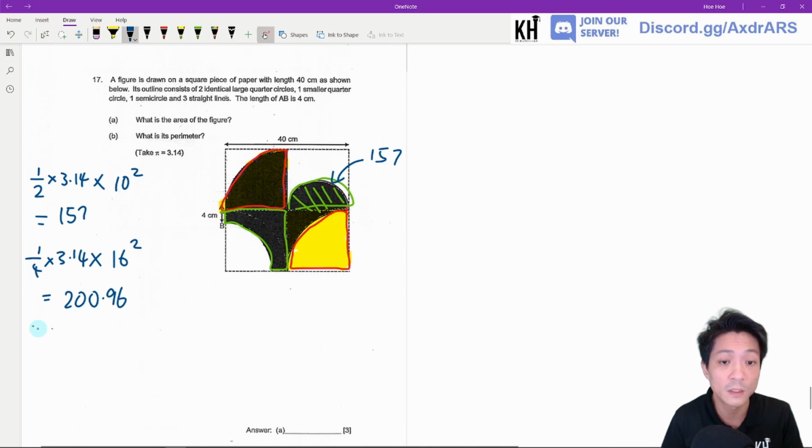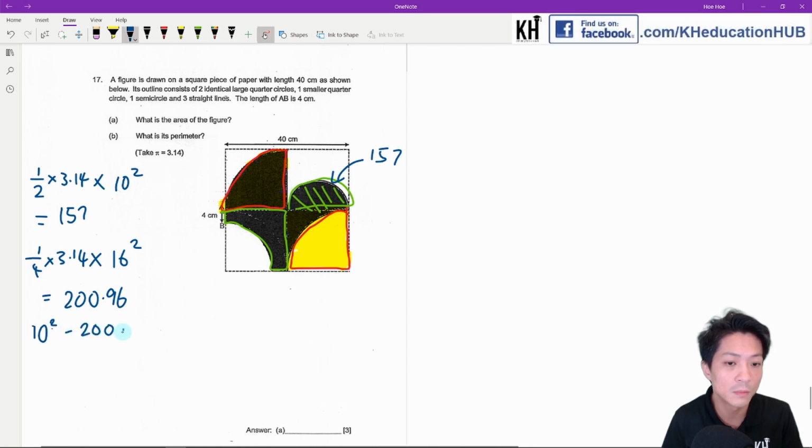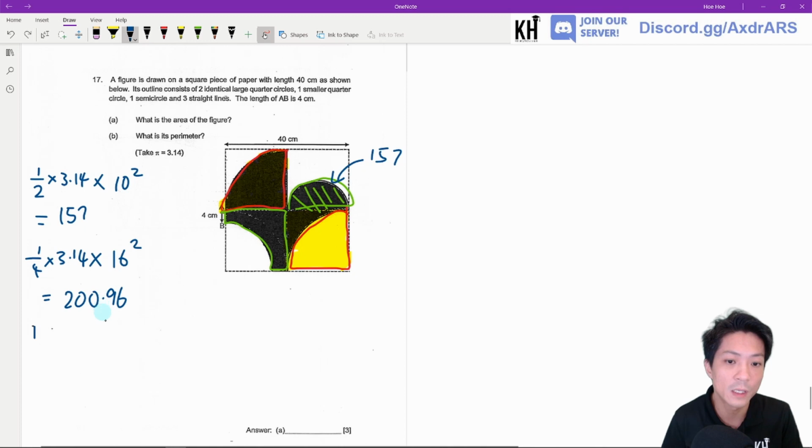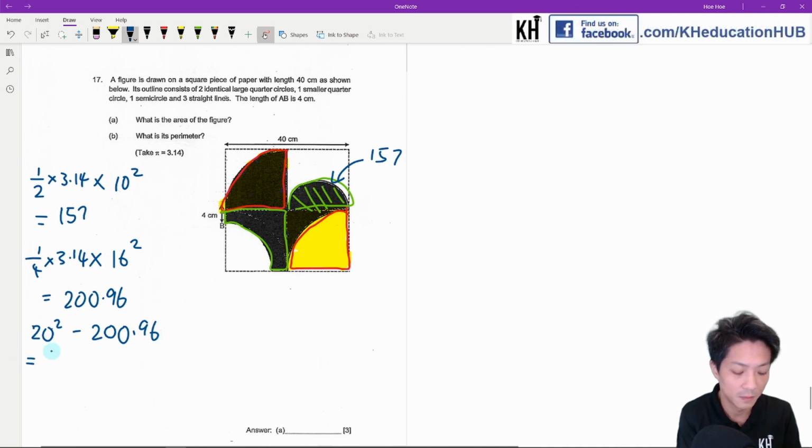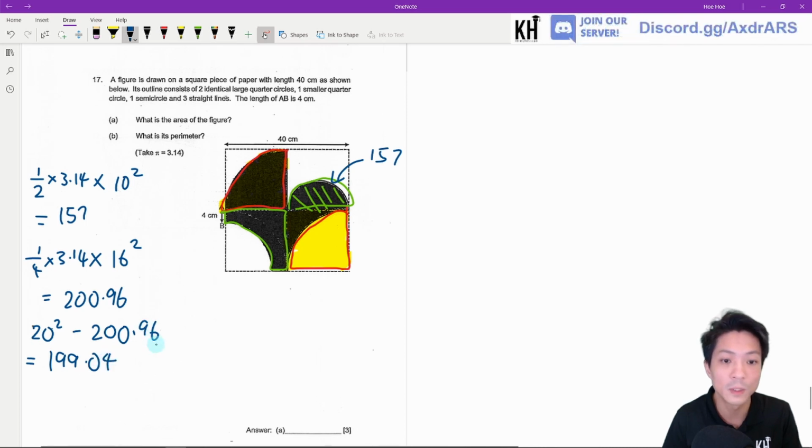Okay, then after that I need to use 10 square minus 200. Wait, it's not 10 square, it is 20 square. 200.96. Okay, 199.04 is this part here.